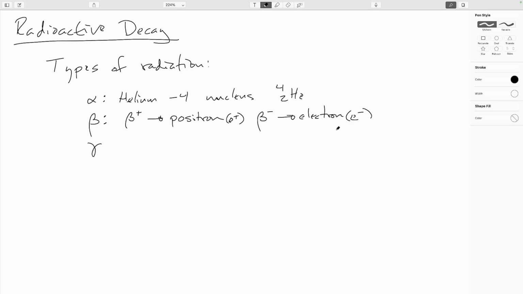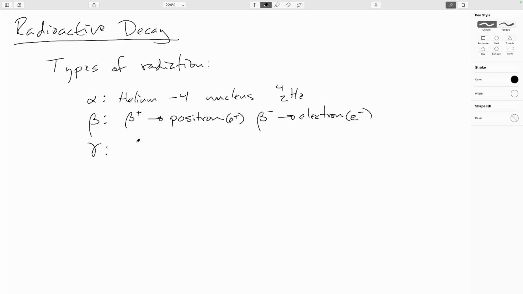It does have the same charge as a proton, but it has the same mass as an electron. Actually, it's the exact same kind of particle as an electron, except for the fact that it is positively charged. The positron is what we call the antimatter dual to the electron.